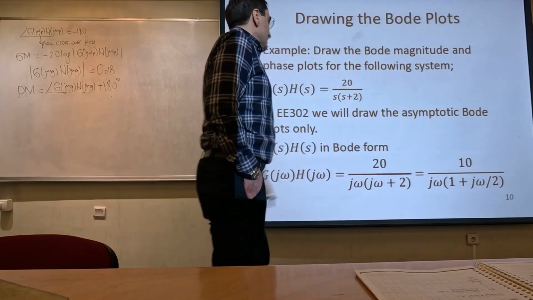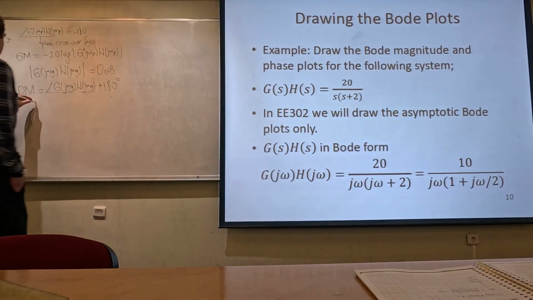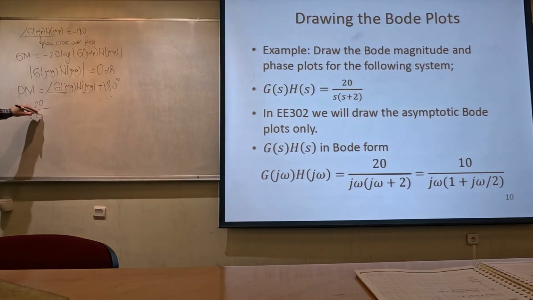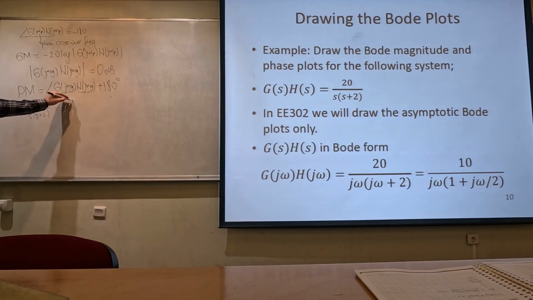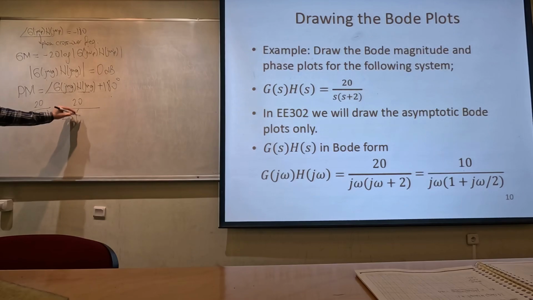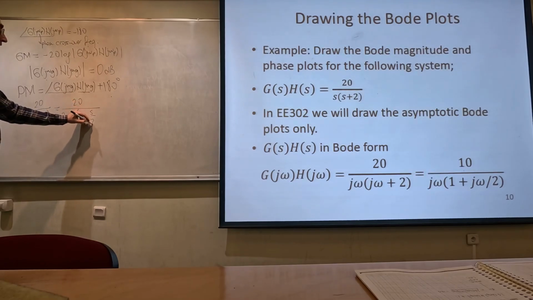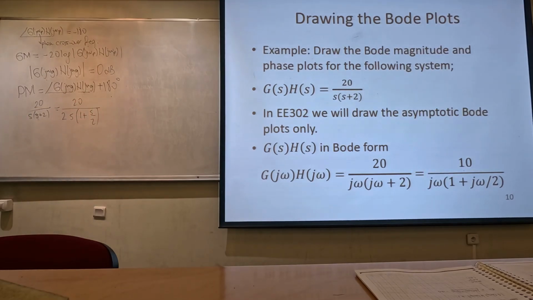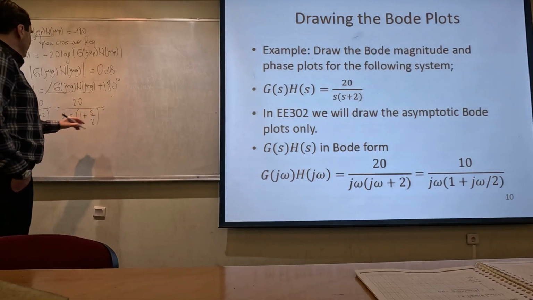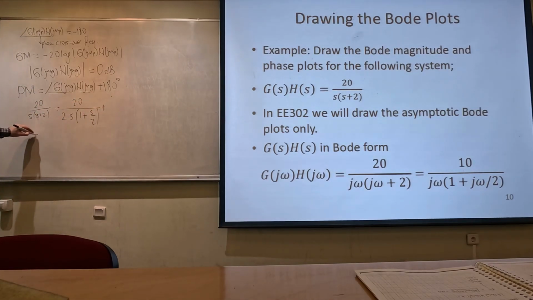So this term is not in Bode form anymore. So I have 20 s plus 2. To put this transfer function into Bode form, I will take two parentheses here. It is going to be 20 divided by 2. S will remain where it is, and I will write 1 plus s over 2 here. And I can cancel this 20 and 2. It is 10, which is the gain. And I have s times 1 plus s over 2.